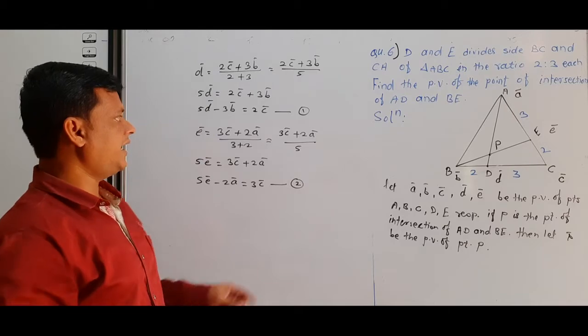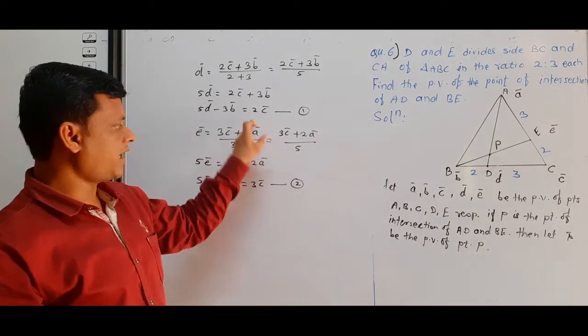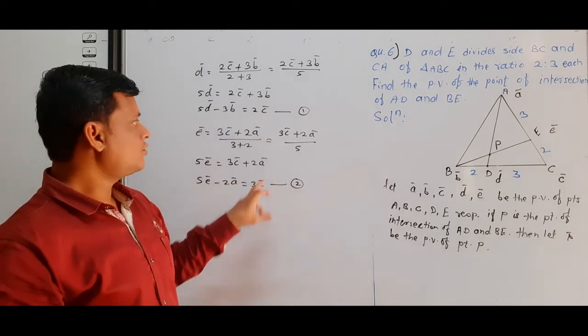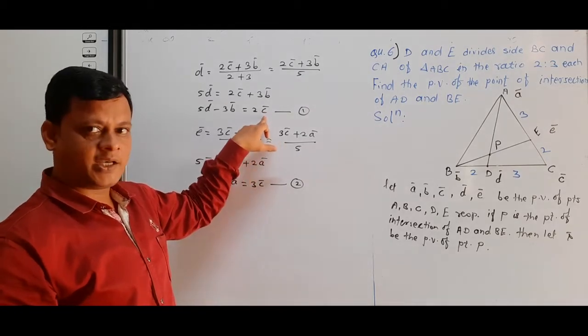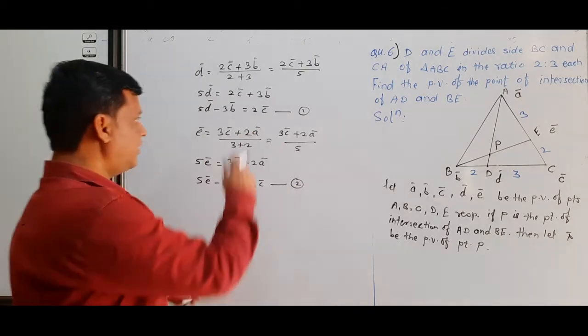Now observe the RHS of equations 1 and 2. Here vector C is 2 times, here vector C is 3 times. So we multiply equation 1 by 3 and equation 2 by 2.